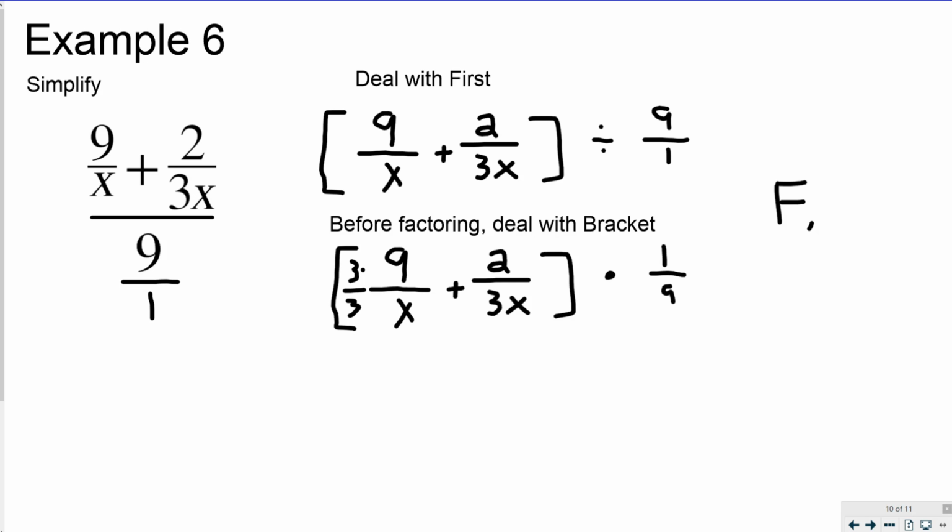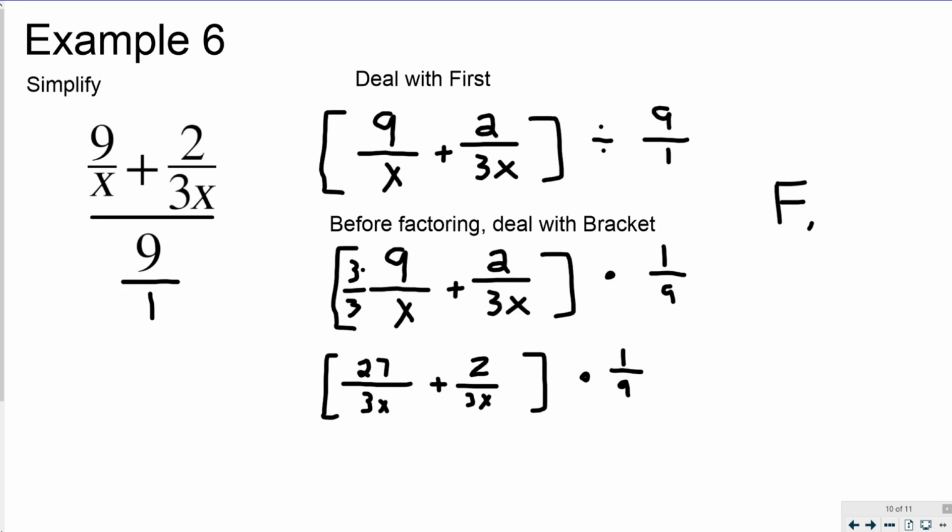When I do, I get 27 over 3x plus 2 over 3x, still in a bracket, times 1 over 9, which we have not dealt with yet.